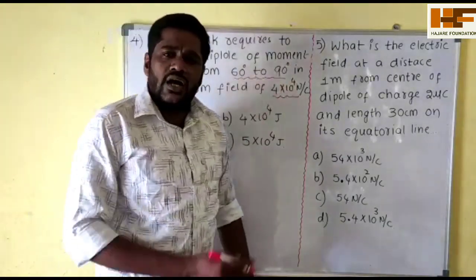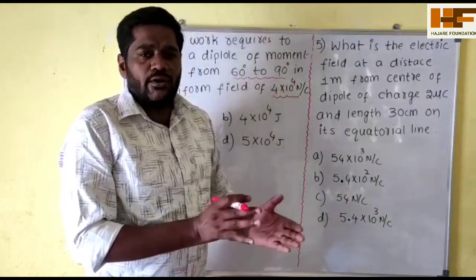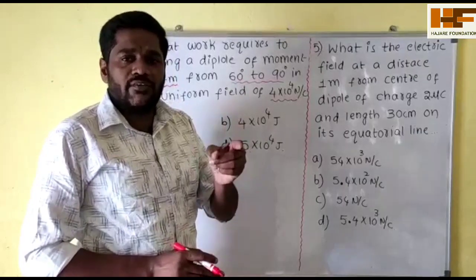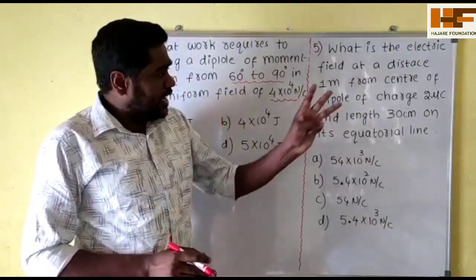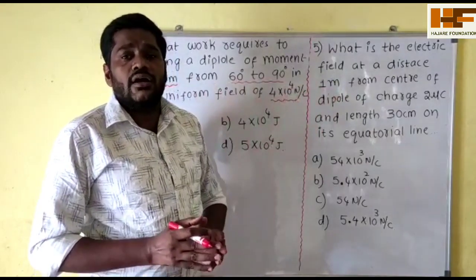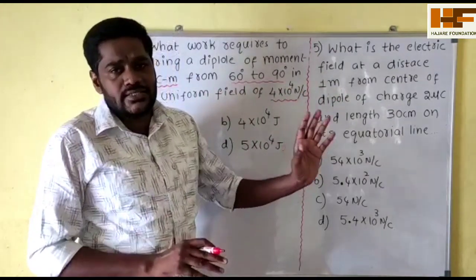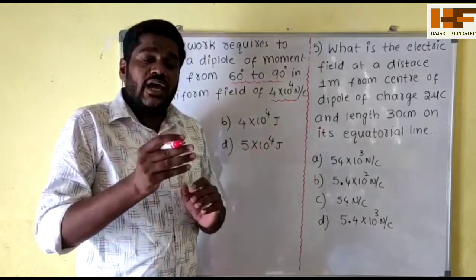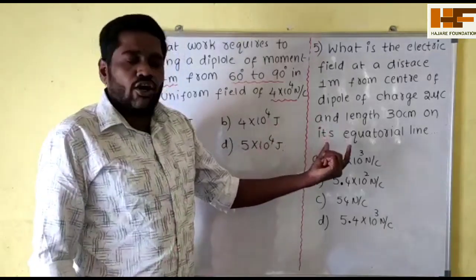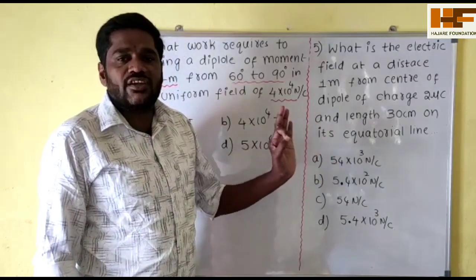Next problem is also a very simple problem. We have calculated one electric field for the axial point of your dipole in problem 3. Same here, same like that only, but here this is not the axial line, this is just the equatorial line. There we solved an extra point, that is the force experienced, but here you do not need to find that, only the electric field you have to find out.